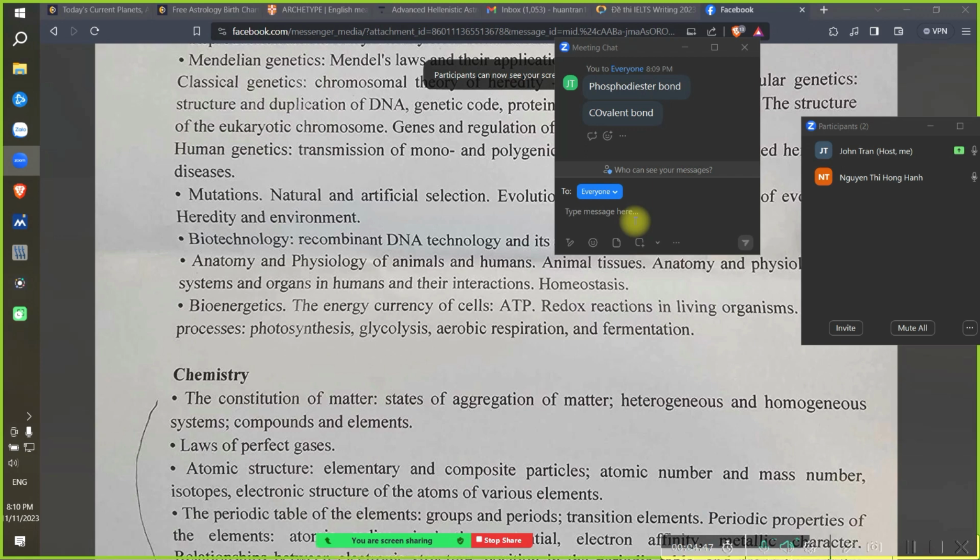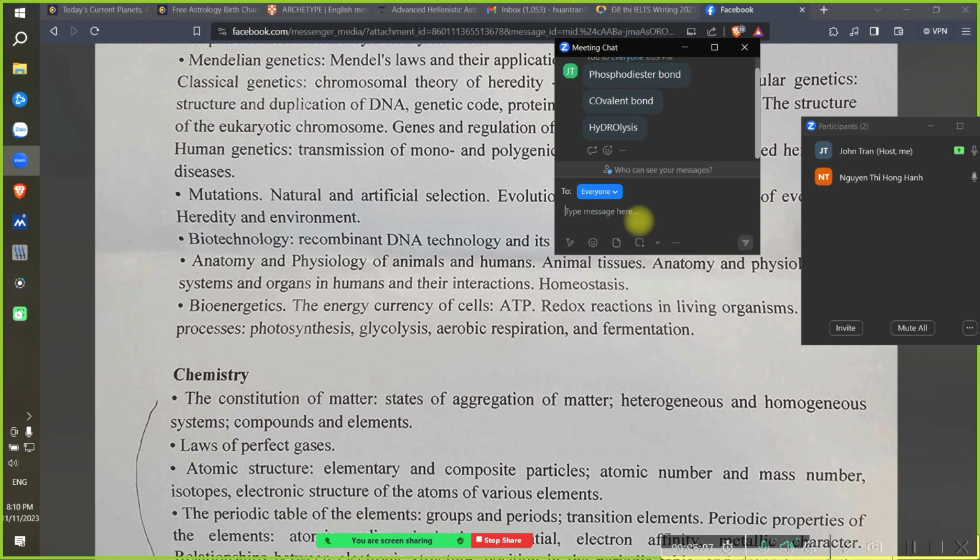We have ATP, and with the help of water, it's a hydrolysis. The products we get are ADP plus a phosphate group and energy. Some of the energy is used to drive chemical reactions, and some of it will be lost as heat.